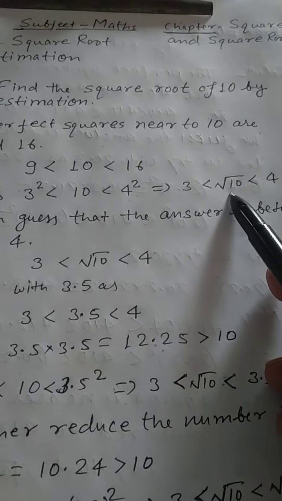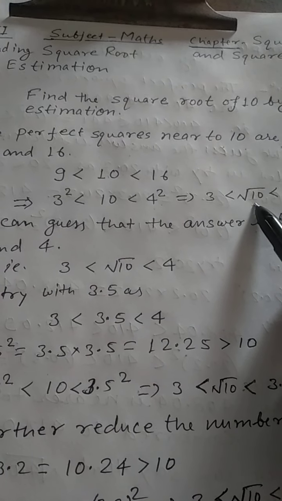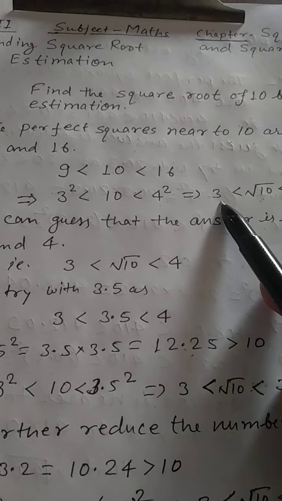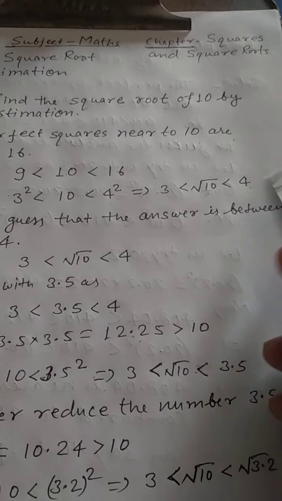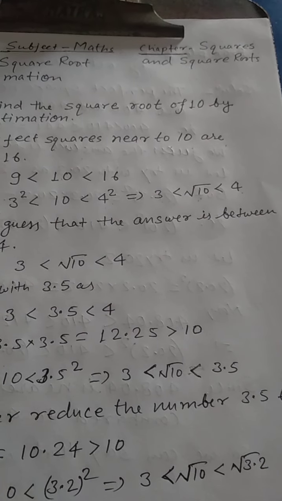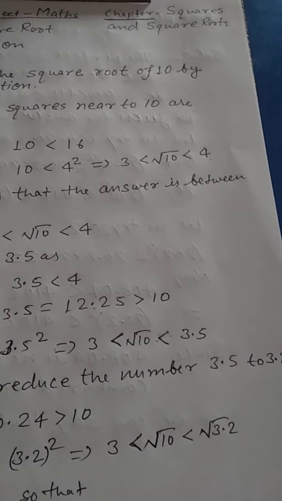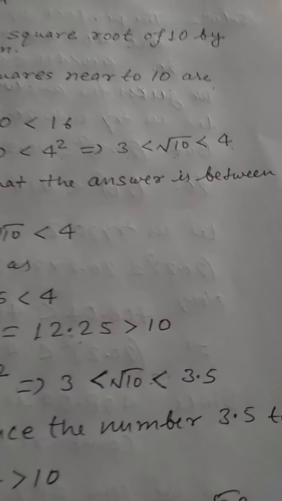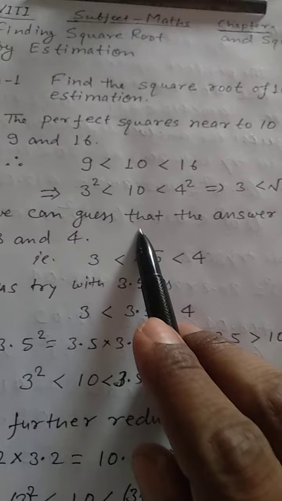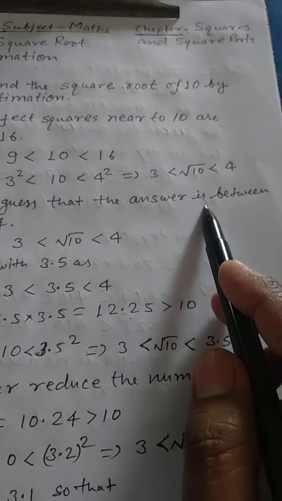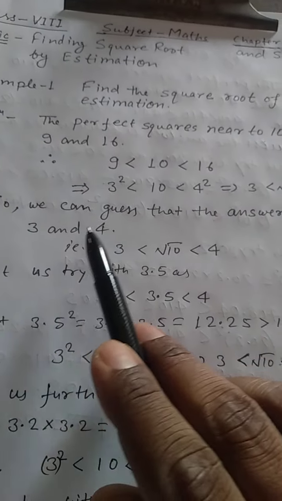That is, you can say that the square root of 10 is in between 3 and 4. The required value is in between 3 and 4. So we can guess that the answer is between 3 and 4.